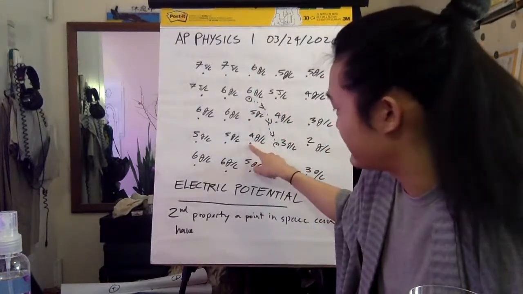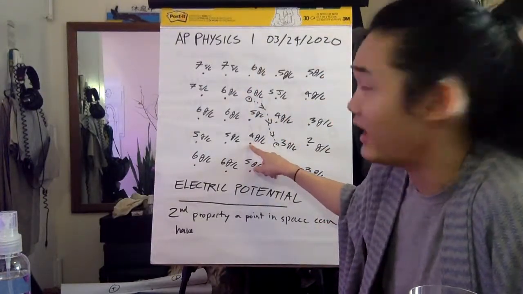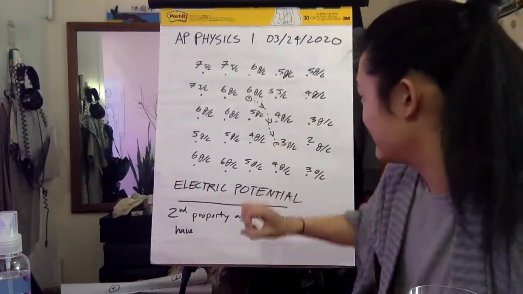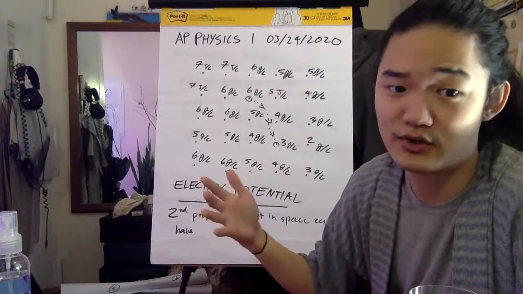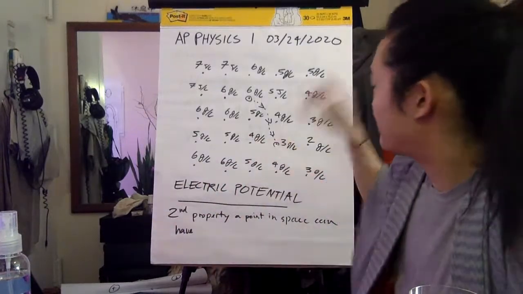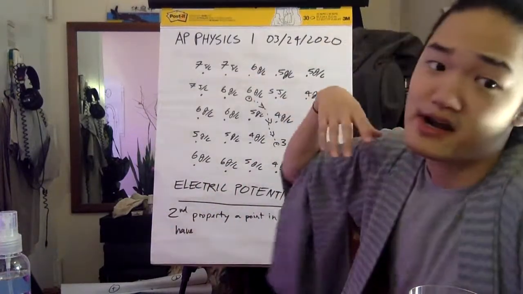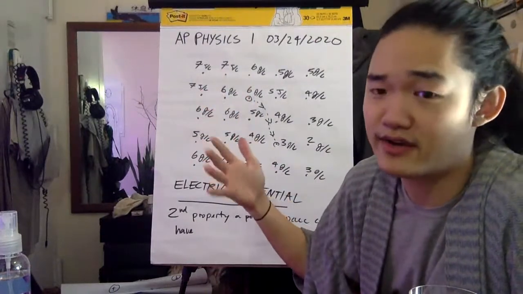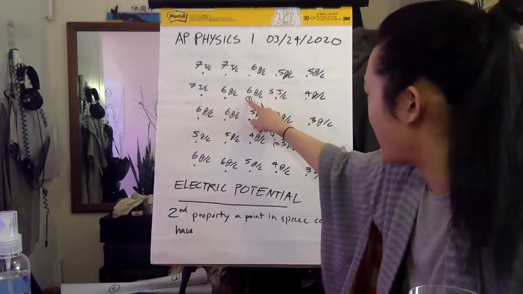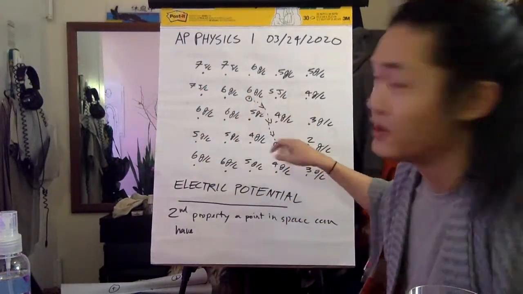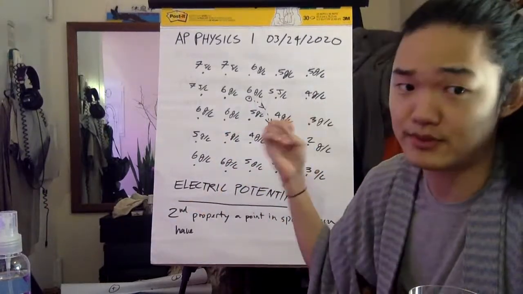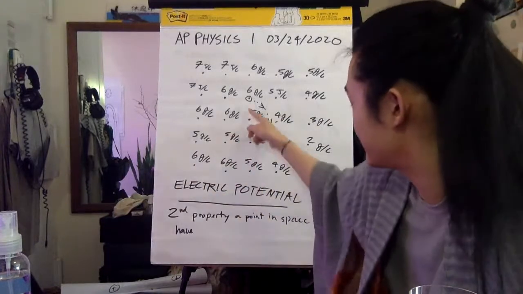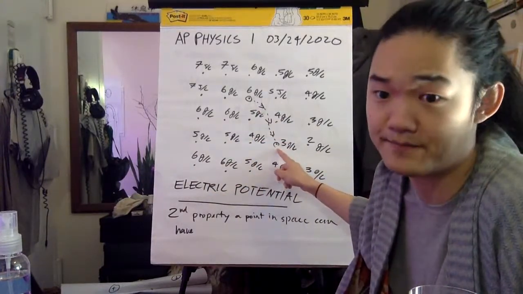This is a point in space, and its electric potential value is 4. I can place an object at that point, and that object will feel the potential at that point is 4. And if I place an object there, the object will feel that the potential there is 6. And if I move an object from here to here, no matter what its charge is, no matter what its mass is, that object will perceive a change in electric potential of negative 3 joules per coulomb.